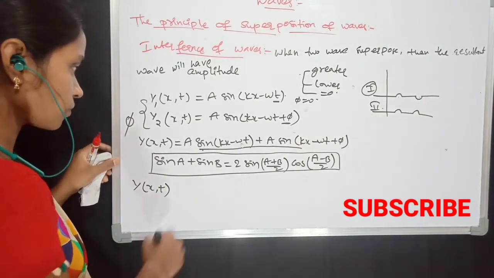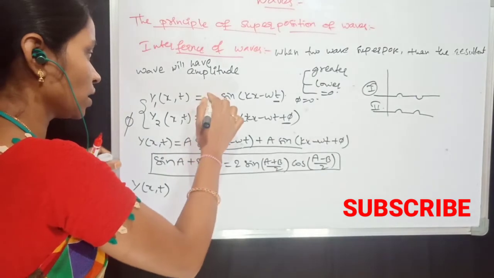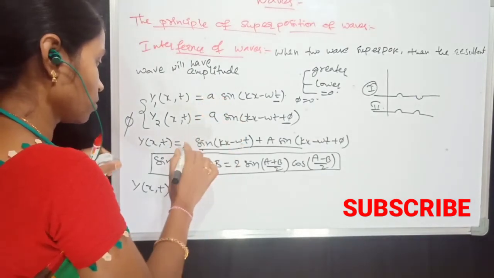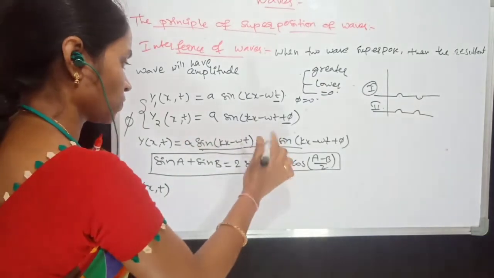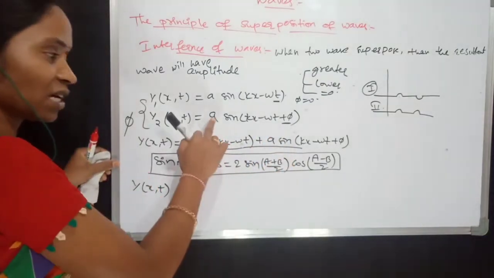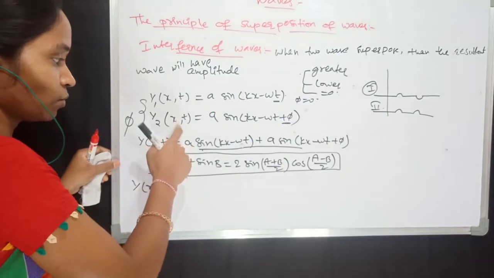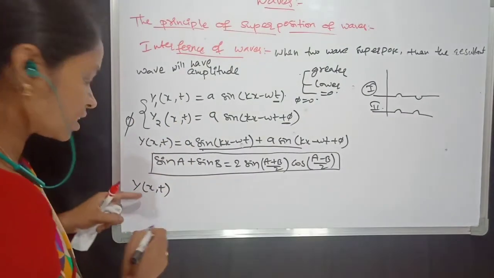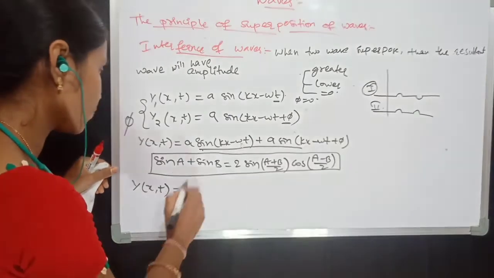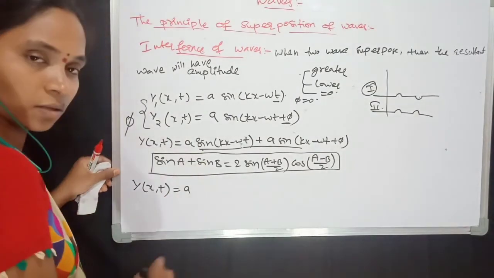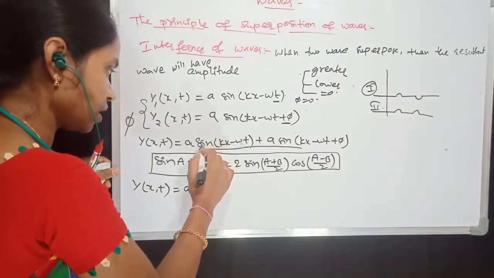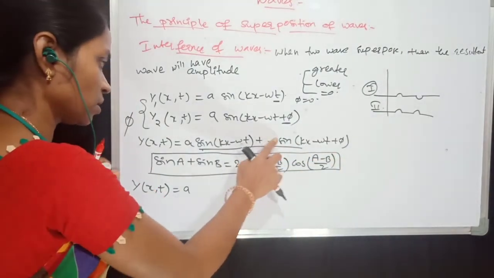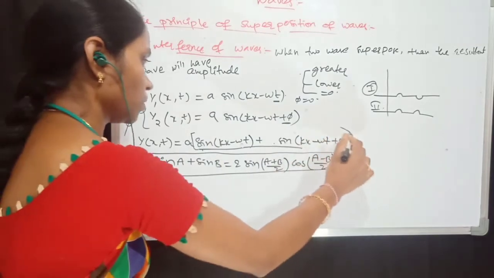Here I am taking small a, which is the initial amplitude of each wave, and I am taking a common in this equation.